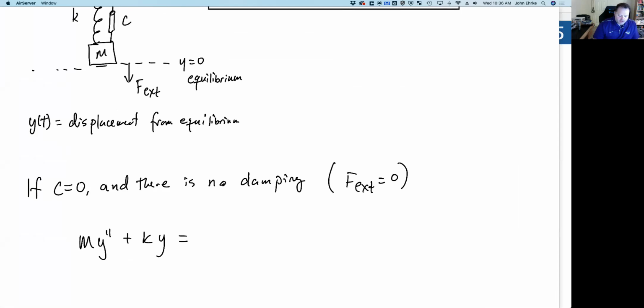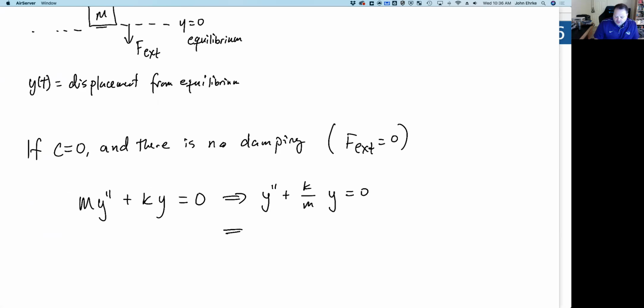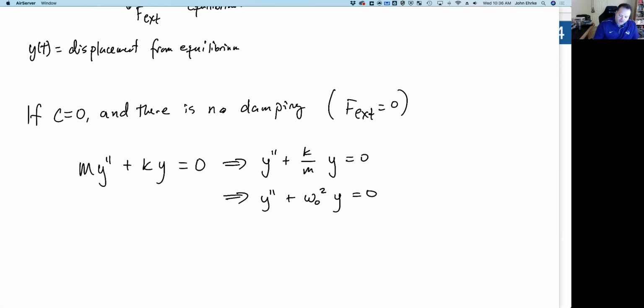But I have my double prime plus ky equal to 0, which gives me y double prime plus k over m y equal to 0. And I mentioned in class that oftentimes what you would want to do is replace this k over m with omega naught squared. This was the oscillator form from last time. So going from here to here, I'm letting omega naught be the square root of k over m.